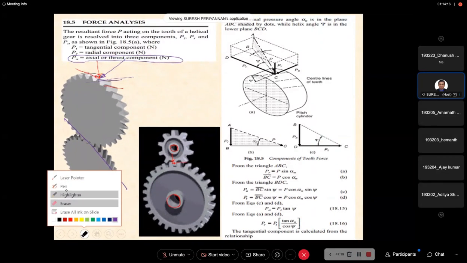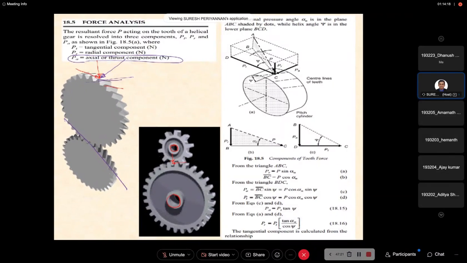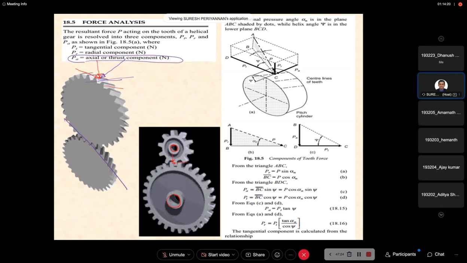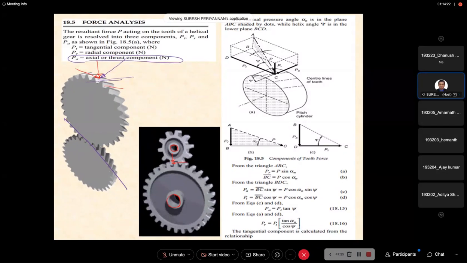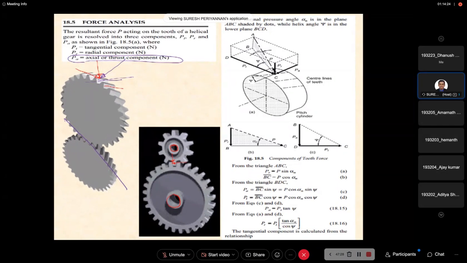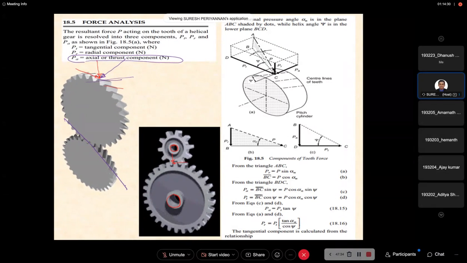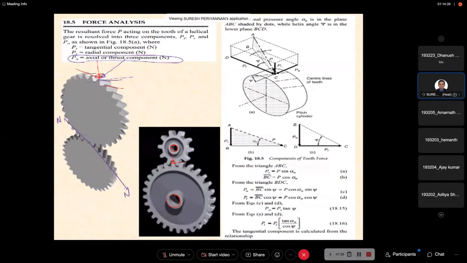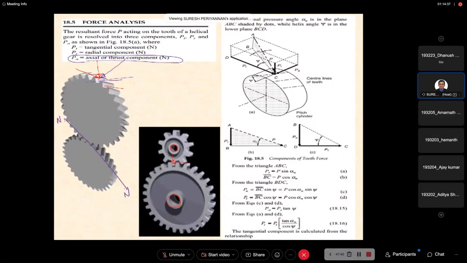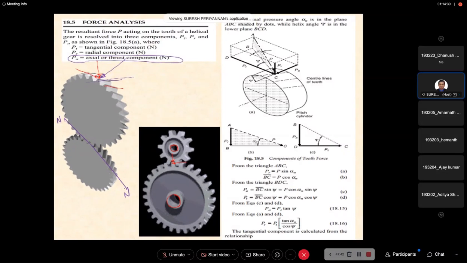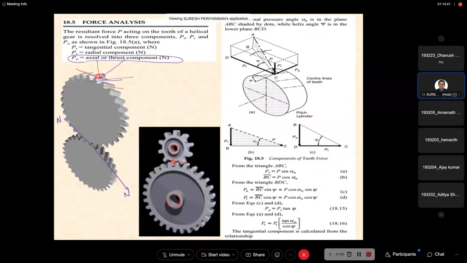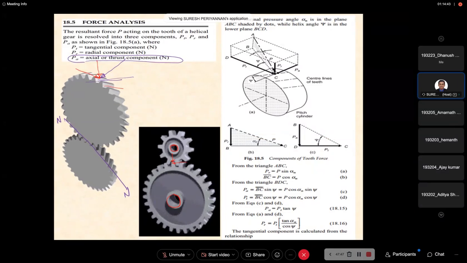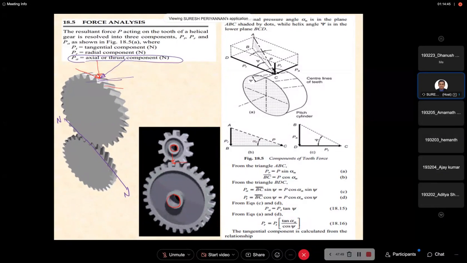Now you should understand this. This is our helix angle. Okay, this is our pressure angle, right? This is our normal pressure angle, normal to the pitch line. Now, this is where the force is acting.